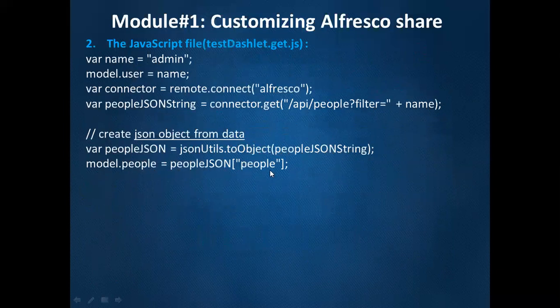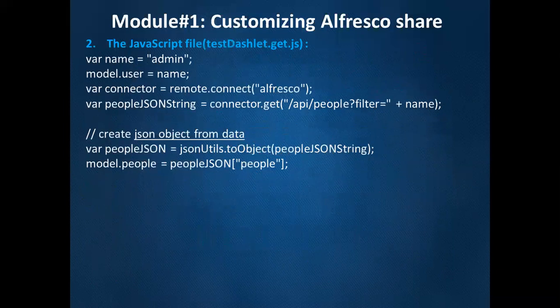What can you understand from this code? People, user, Alfresco means our example of today. I will retrieve data from your repository, but which kind of data?